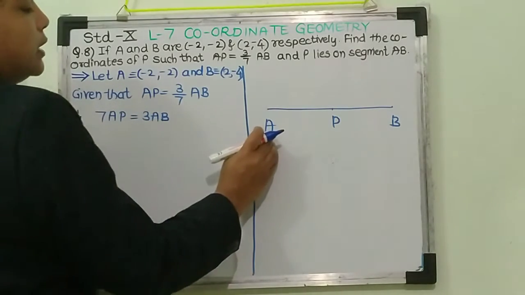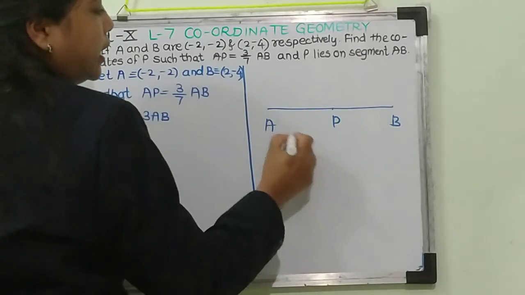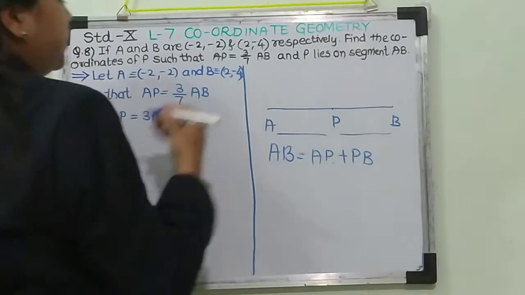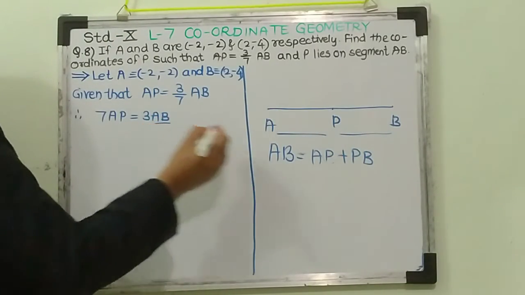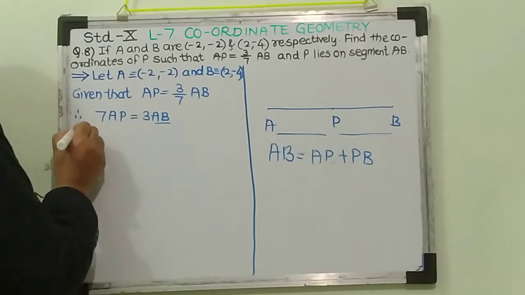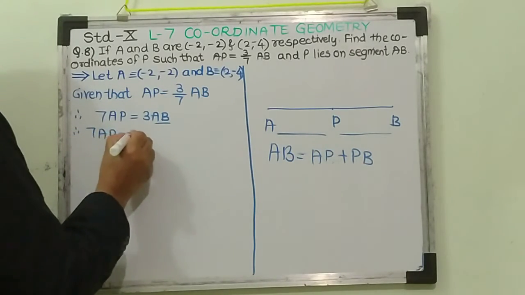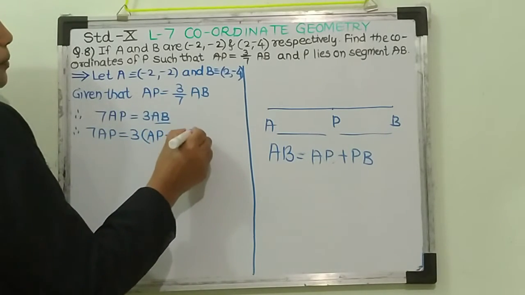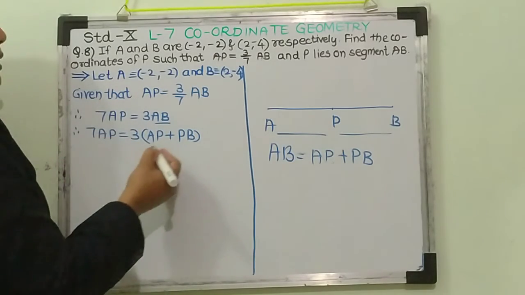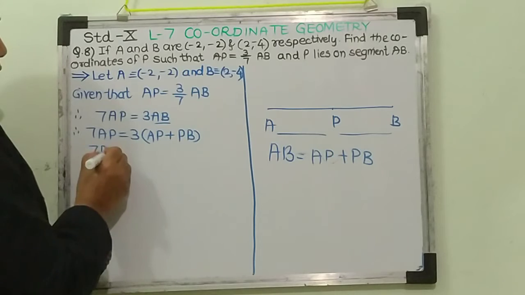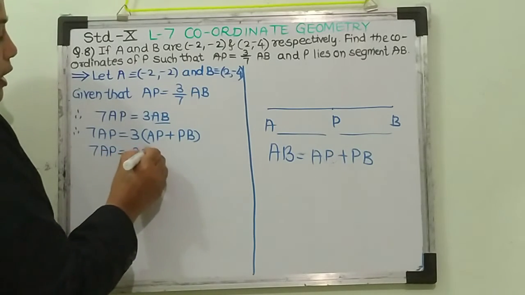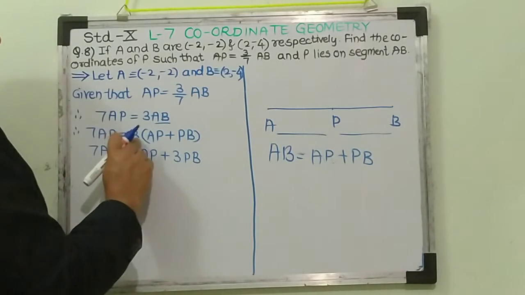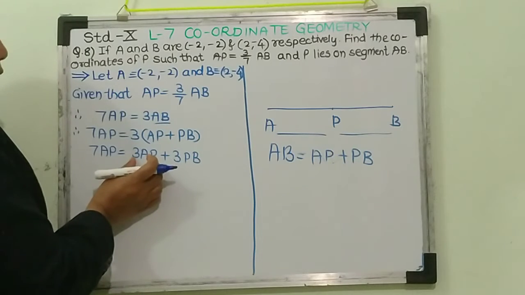But AB is equal to AP plus PB, so I will replace AB with AP plus PB. Therefore we get 7AP equals 3 times (AP plus PB). So we get 7AP equals 3AP plus 3PB, multiplying 3 to all the terms.